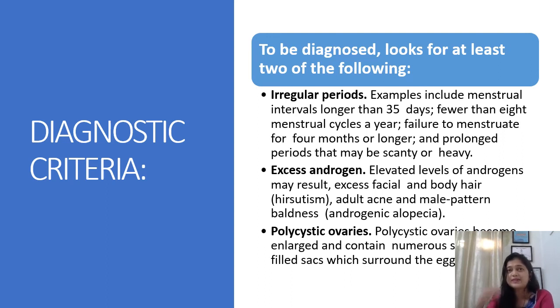Now, irregular periods, by this I mean that if your menstrual cycle is more than 35 days, or there is amenorrhea for more than 4 months, or if you have prolonged cycles that could be scanty or heavy, or you have less than 8 cycles a year. Second, the excessive androgen will produce the symptoms of hirsutism, that is excessive facial and body hair, adult acne, male pattern of baldness, and the polycystic ovaries that can be seen on the ultrasound.